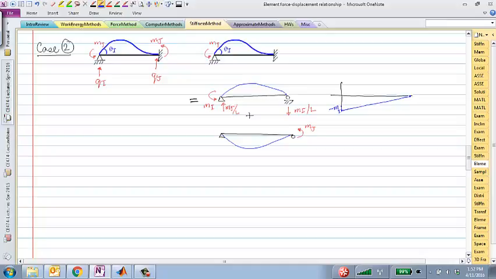And similarly, the bending moment diagram for the right hand side. That's a positive.